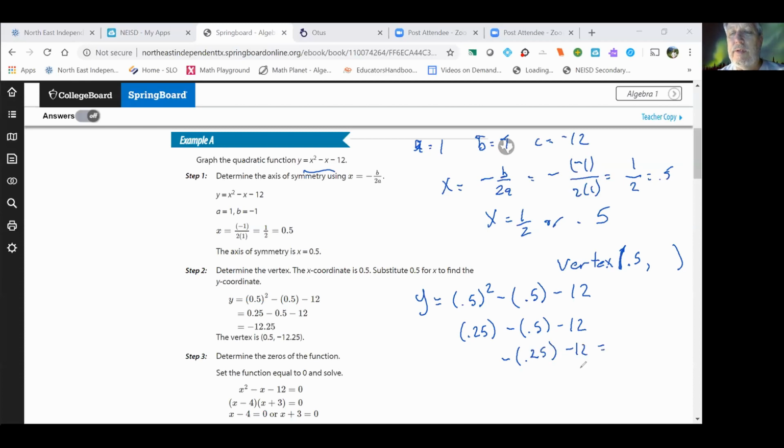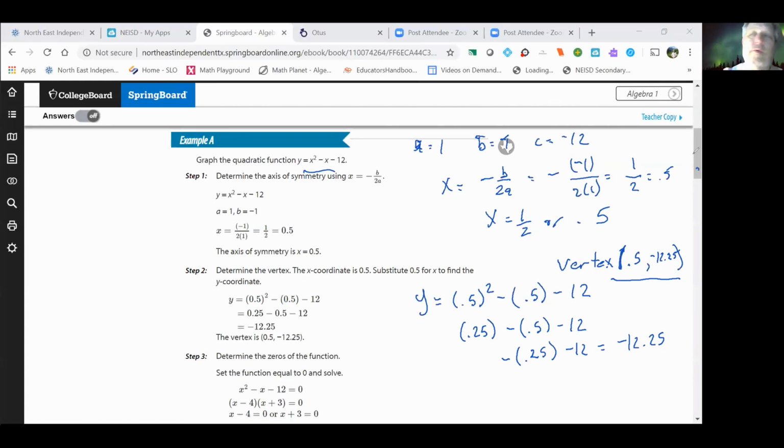So it's equal to -12 and 25 hundredths. That's our y value, and that gives us the point where the vertex is. So we have 1 point already.